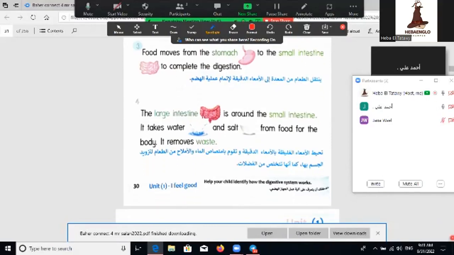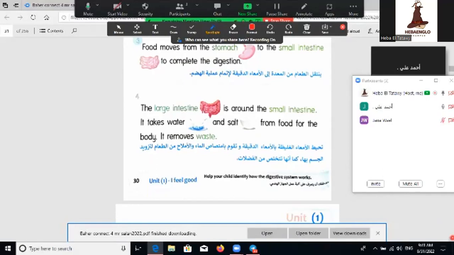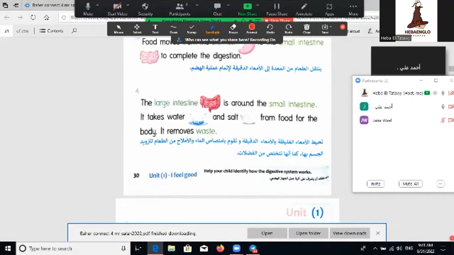From the small intestine, it goes to the large intestine. First, where is the large intestine? The large intestine is around the small intestine, yes. What is the job of the large intestine? It has two jobs.